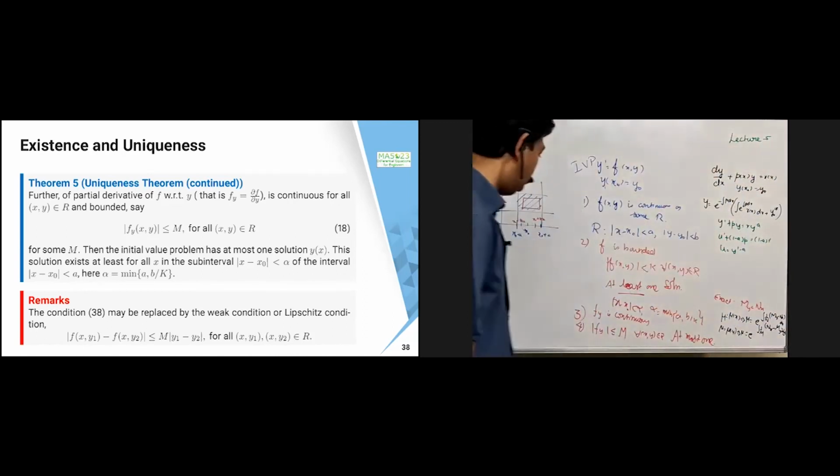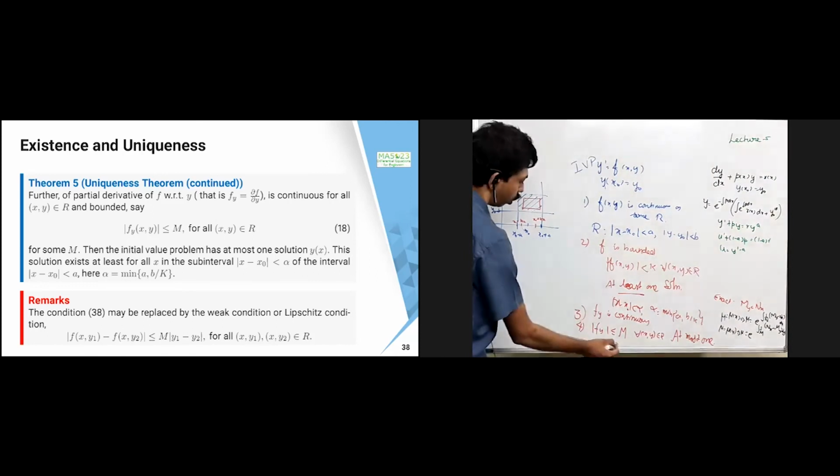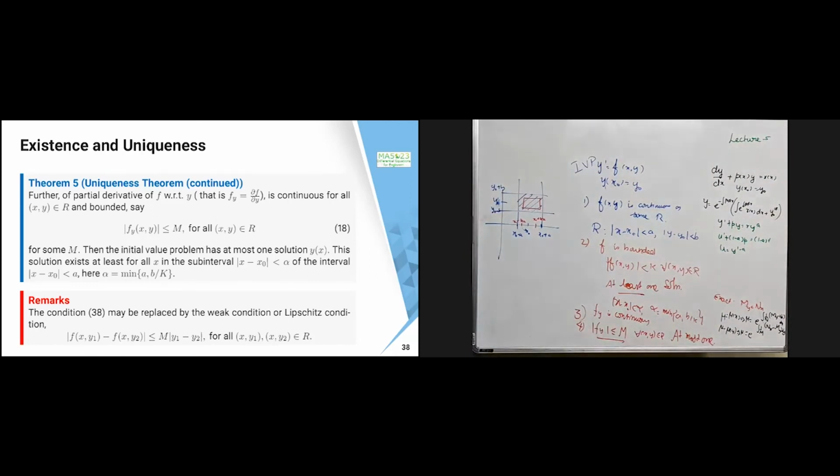In fact, this condition number 4, you can relax, or replace with a weaker condition. Not only that f_y is less than m, you can relax that condition. What is the definition of f_y? It is f of x comma y1 minus f of x comma y2, divided by y1 minus y2.